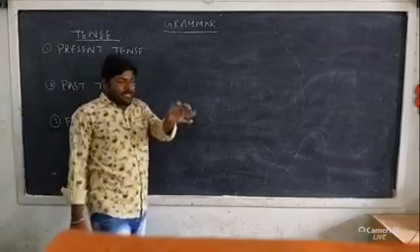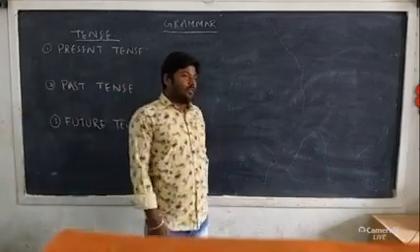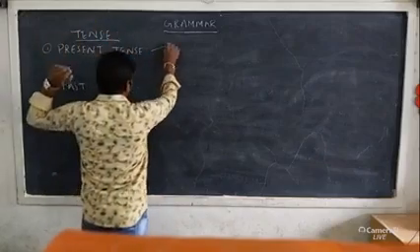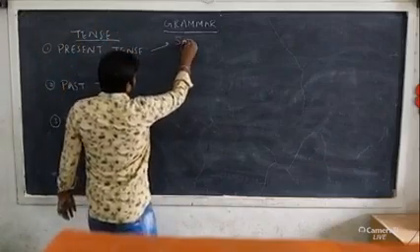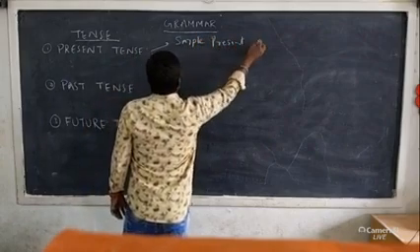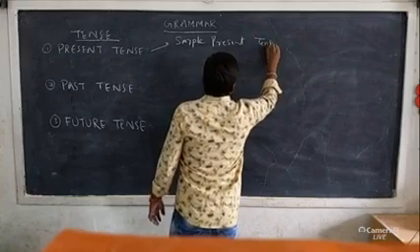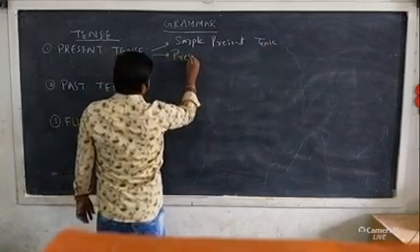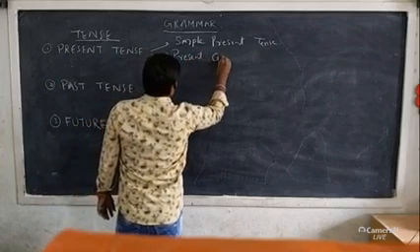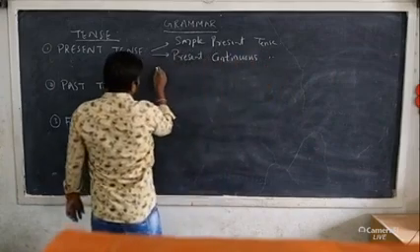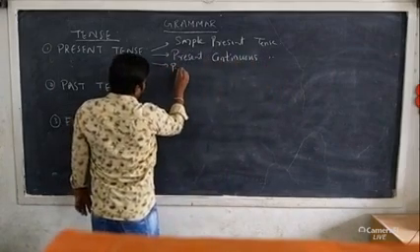In each tense, present tense, it has four aspects. Aspect is nothing but four types or four parts in present tense. So that is simple present, and next present continuous. That one present tense.